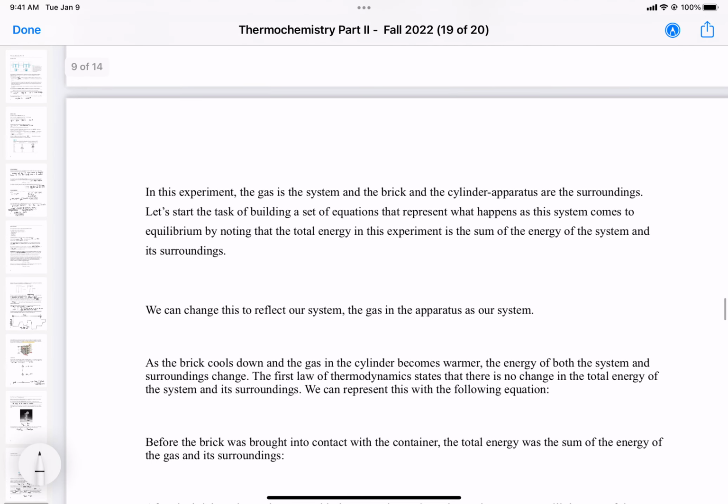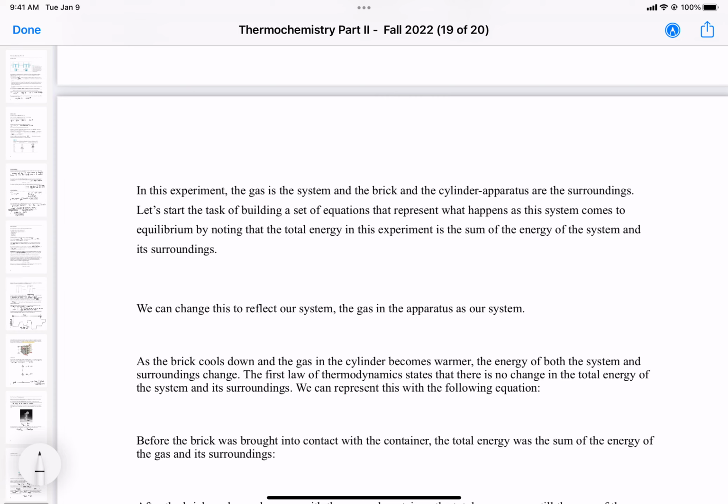All right. So let's just talk about one more thing, and then we'll probably stop there for today. So in this experiment, the gas is our system, and the brick and cylinder apparatus are the surroundings. Because what we care about is the system we're studying, right? So usually the cylinder or beaker or flask is how we contain our system, so we can study it.